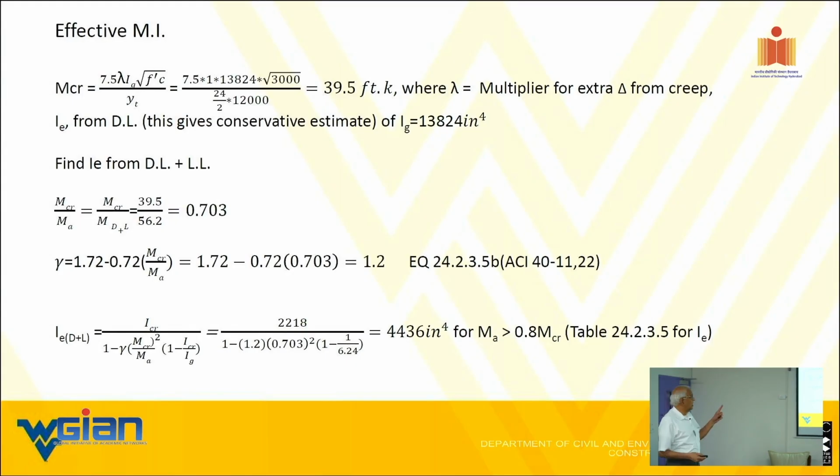When you talk about M sub A, that does not include your load factors. Ultimate values are different. You need to have clarity in terms of the design. Ultimate strength design values are different from serviceability based design values.